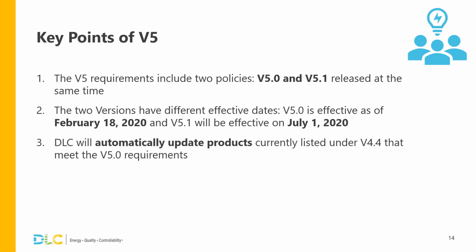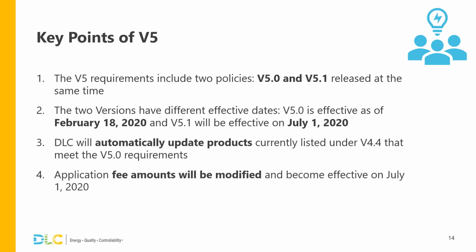DLC will automatically update products currently listed under version 4.4 that meet the 5.0 requirements. So if a product has any data that meets the version 5 requirements, we will automatically update it. Again, this is explained in more detail a bit later. The application fee amounts will be modified and they will become effective on July 1st, 2020.